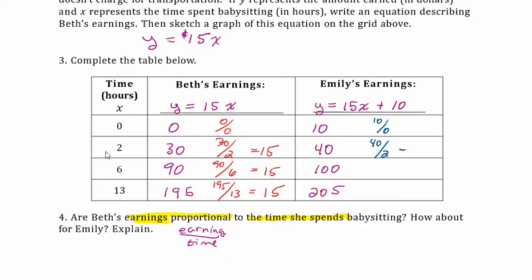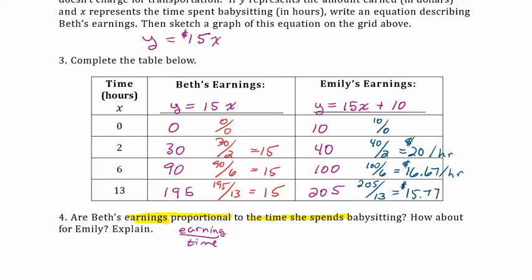So that comes out to be 20. 100 divided by 6 comes out to be 16.6666. Let's just round that to 16.7, because remember, we're doing dollars divided by hours. So this is really a money unit per hour. And then 205 divided by 13 comes out to be 15.77.